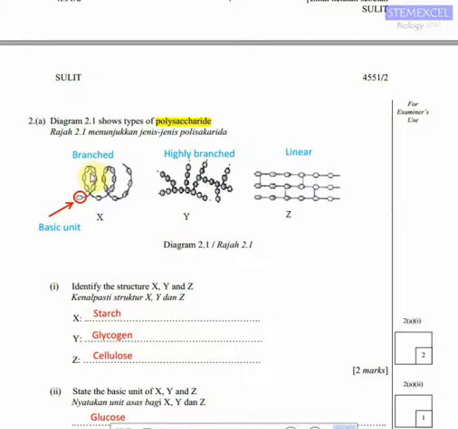An example of a branch shape polysaccharide would be starch. An example of a highly branched polysaccharide would be glycogen, and a linear example would be cellulose. So branch is starch, highly branched is glycogen, linear is cellulose.